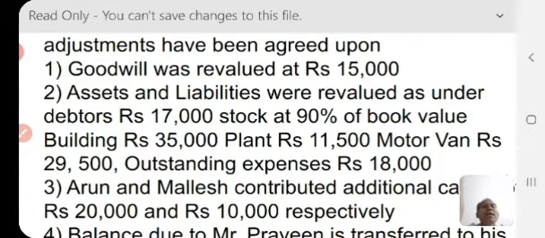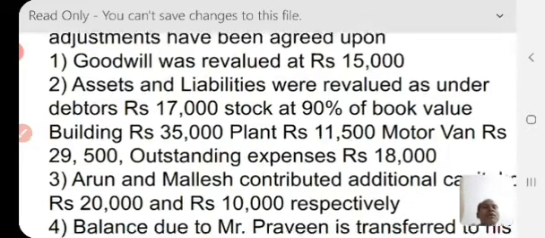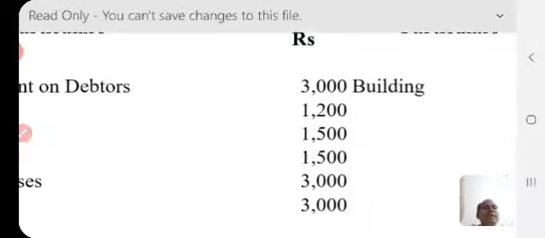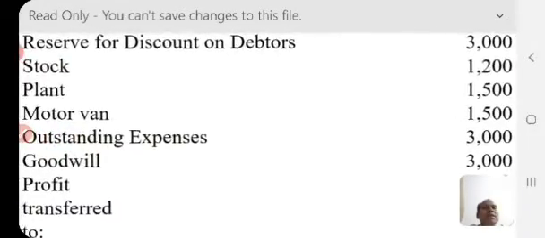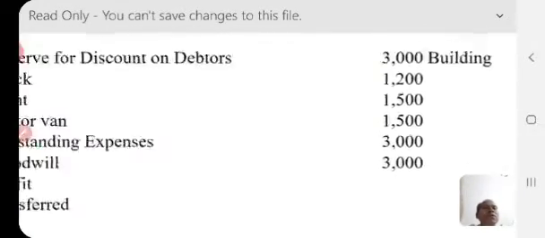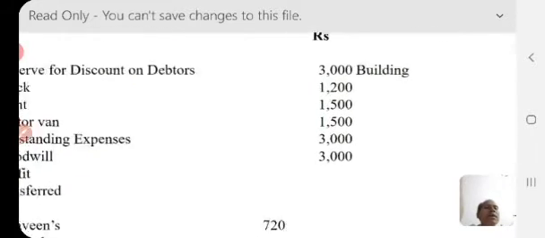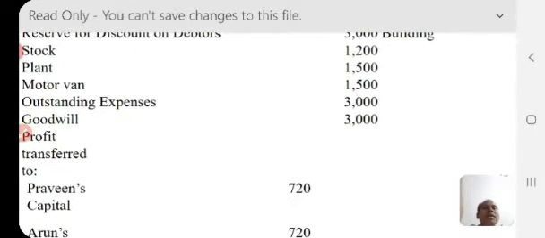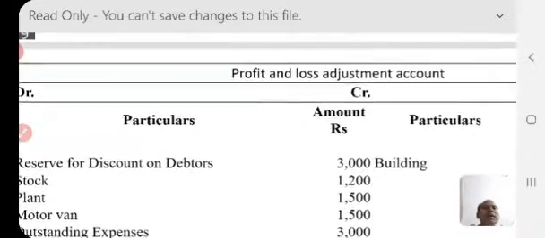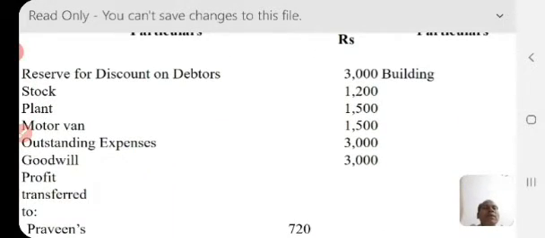So 1,500 is reduced. And outstanding expenses, so here 3,000 is given, and the goodwill 3,000 is decreased.